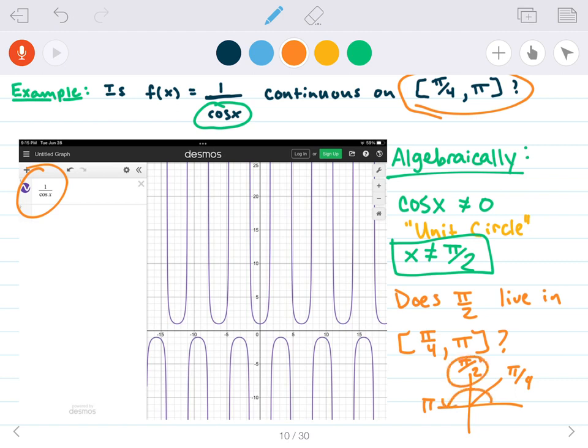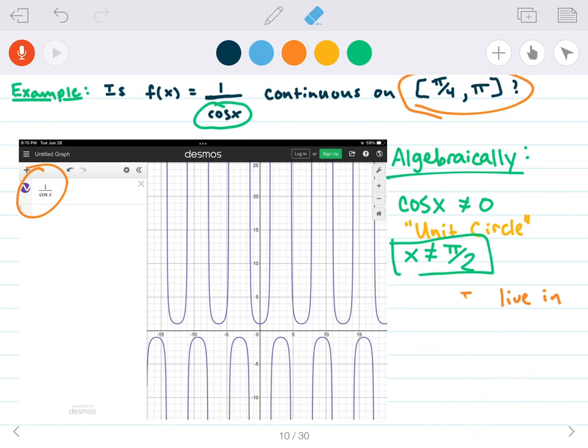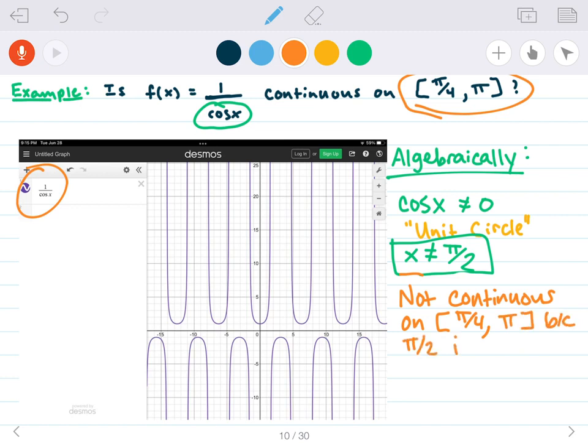So the answer is no, it is not continuous on this interval because it includes an excluded value. Not continuous on pi over 4 to pi, because pi over 2 is in that interval.